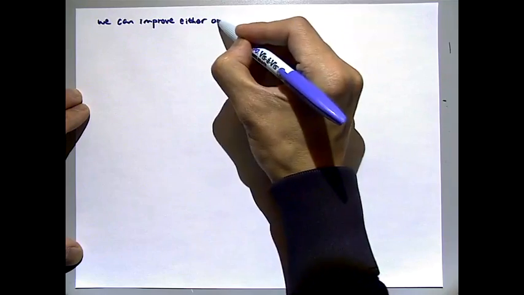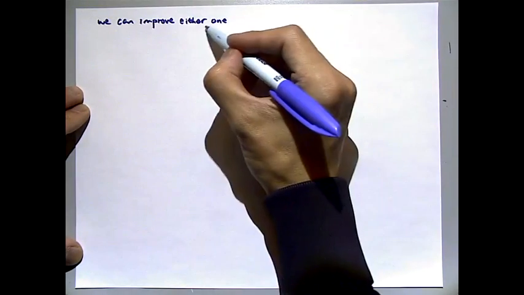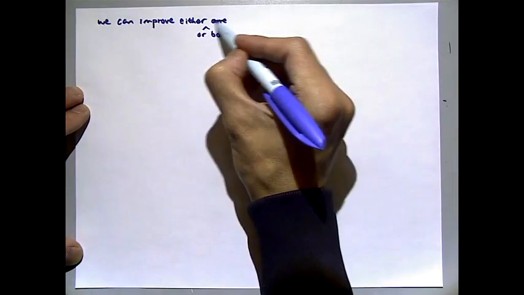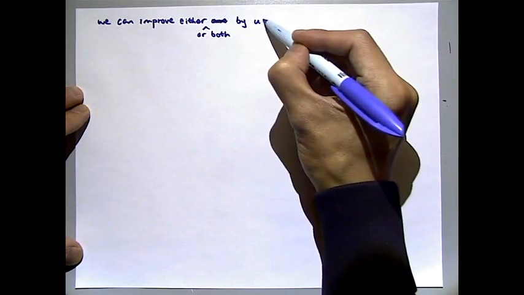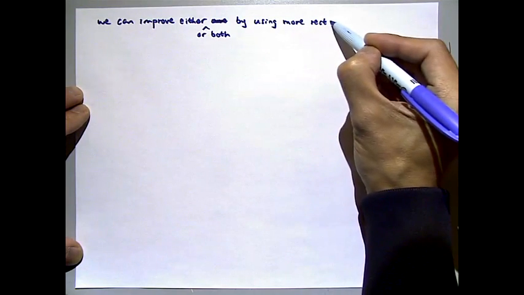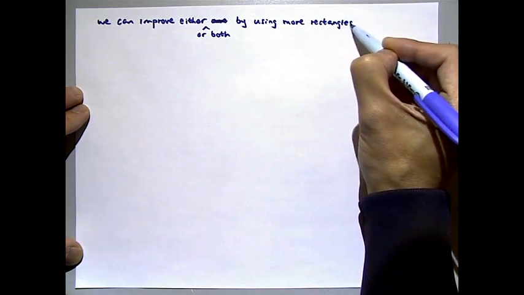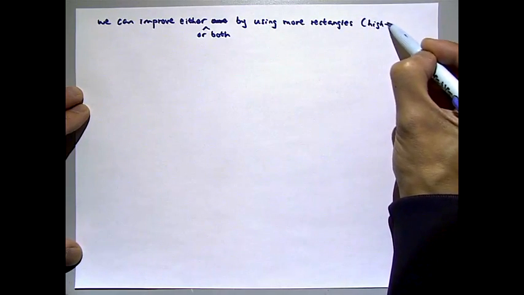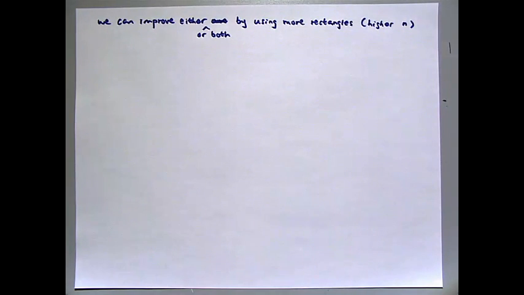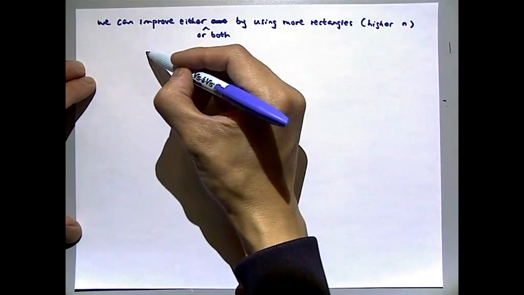We can improve either one or both by using more rectangles. That means higher n. Let me show you why that's true.